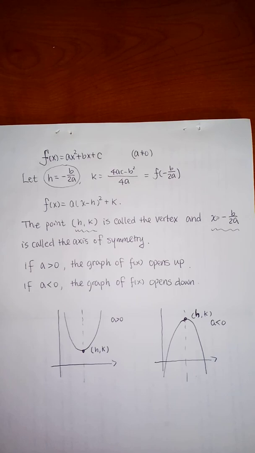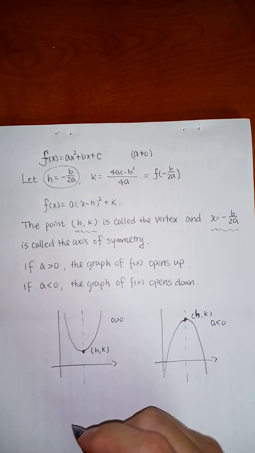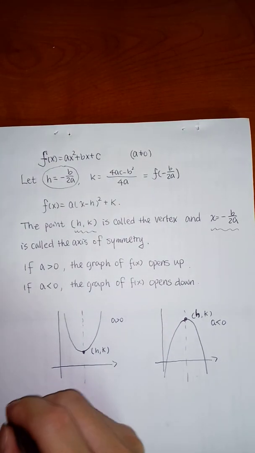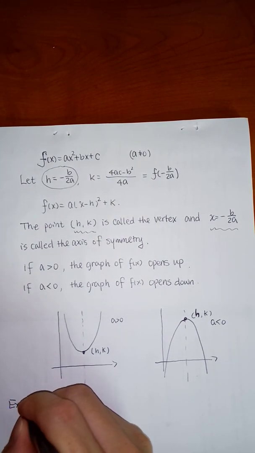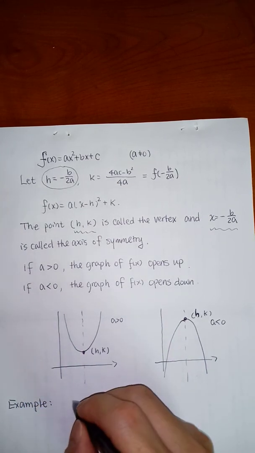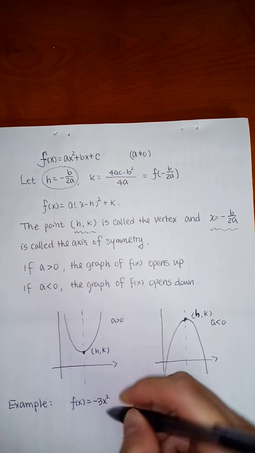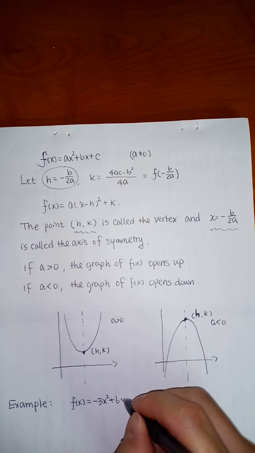Now let's try to do some examples. So assume we have this function, negative 3x squared plus 6x plus 1.